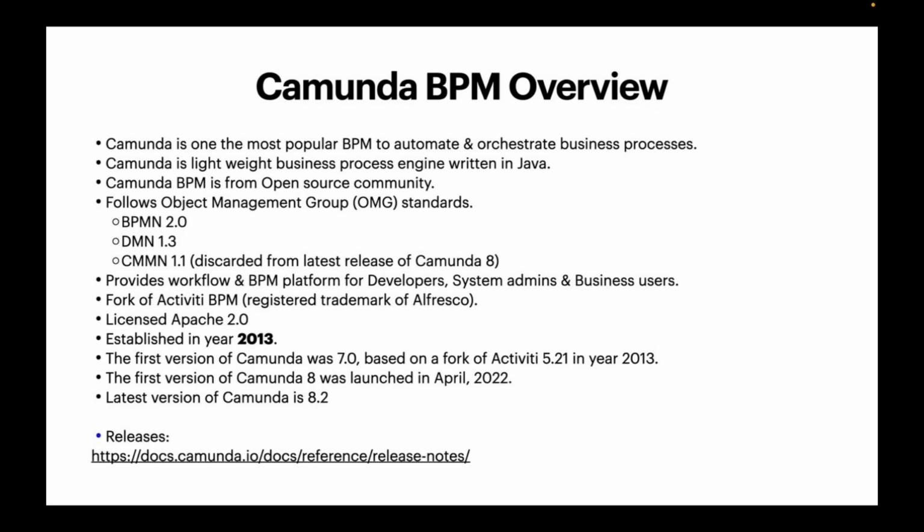Now, Camunda BPM was launched in the year 2013, and it was formed from Activiti BPM, which is the registered trademark of Alfresco. What does it mean? Even though it was launched in 2013, almost a decade ago, the source code was already forked or taken from another BPM, from the open source community.